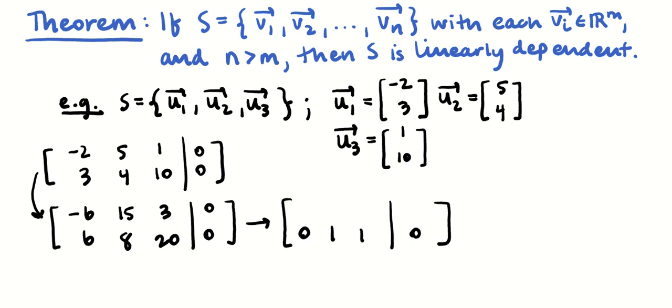And then I'm going to have to divide this by -6, so that'll be 1. 15 divided by -6, I don't really even care. I'm sure that's reducible because they both have a factor of 3. 3 divided by -6 will be -1/2. Okay, so what is -15 divided by 6?